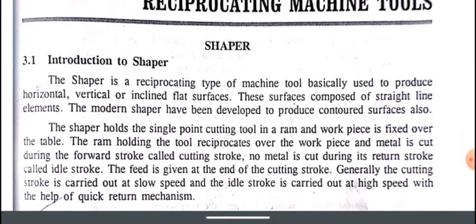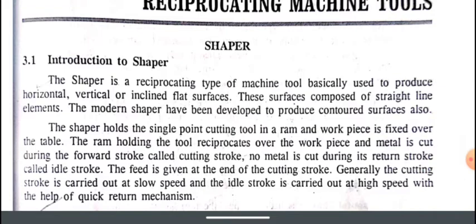It consists of a ram, and the workpiece is fixed on the table. Here the tool makes the reciprocating movement. The workpiece is stationary, whereas in the lathe machine, the workpiece is rotating and the tool makes the movement.